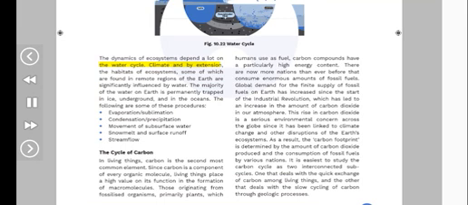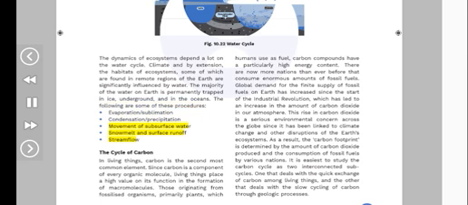Climate and, by extension, the habitats of ecosystems, some of which are found in remote regions of the Earth, are significantly influenced by water. The majority of the water on Earth is permanently trapped in ice, underground, and in the oceans. The following are some of these procedures: evaporation, sublimation, condensation, precipitation, movement of subsurface water, snowmelt, and surface runoff, streamflow.